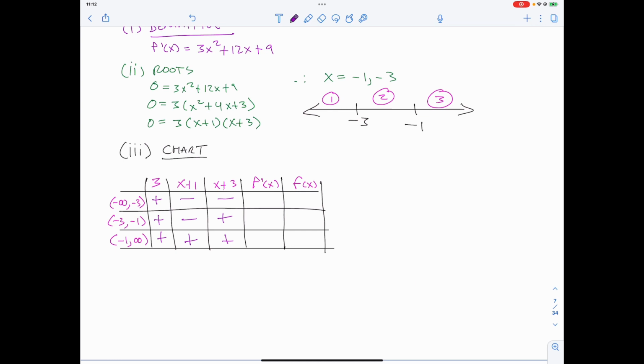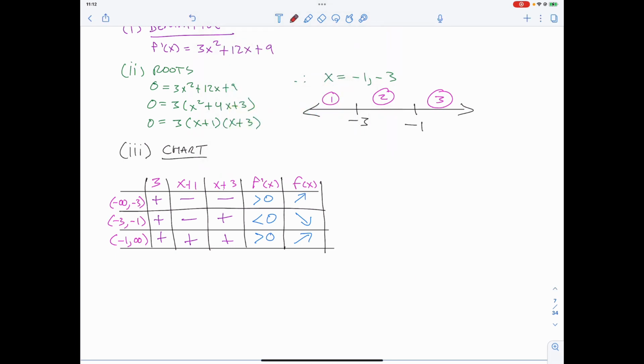Now remember, we're doing a product, so going from left to right, a positive, a negative, and a negative makes a positive, which means that this is going to be greater than 0. A positive, a negative, and a positive is going to be less than 0, and 3 positives is going to be greater than 0. What's happening for my function? It is increasing, decreasing, and then increasing.